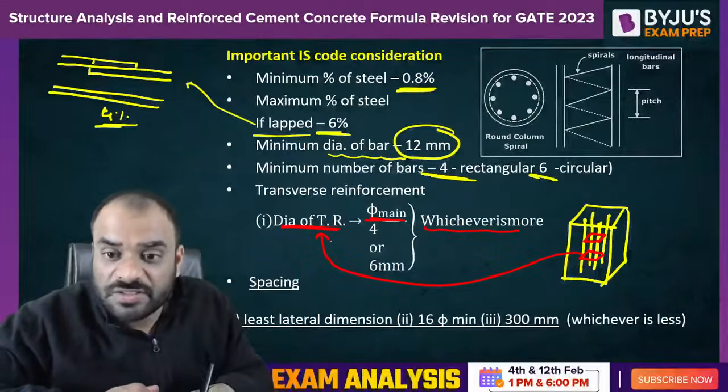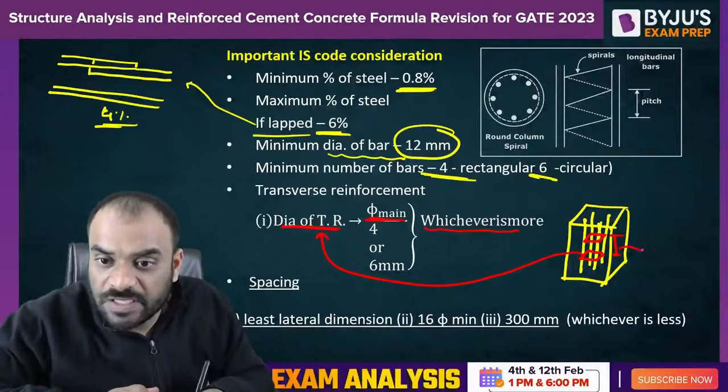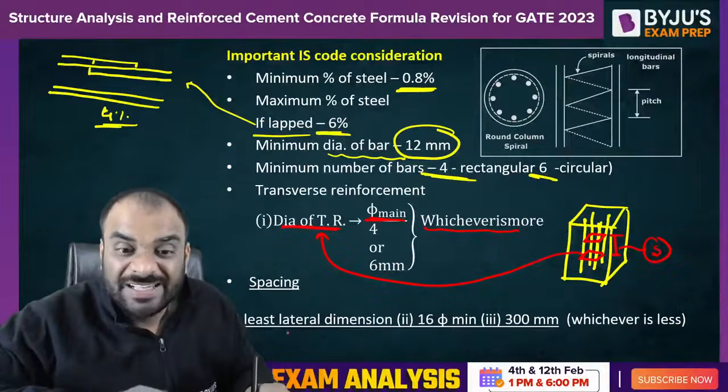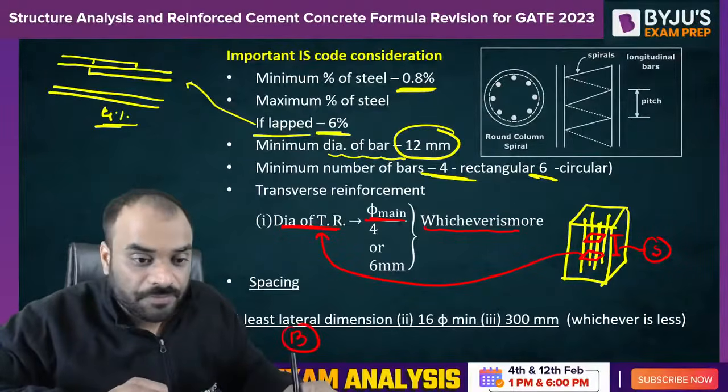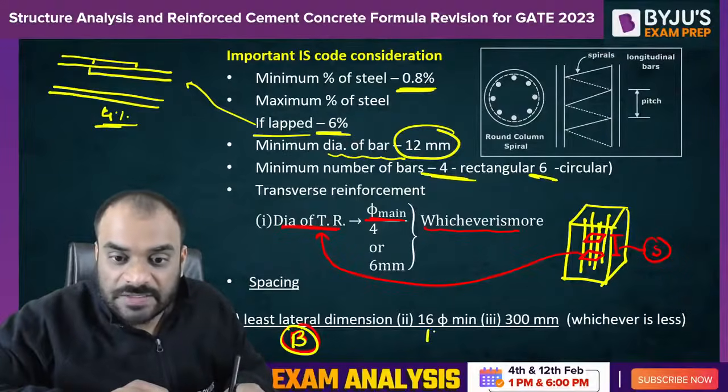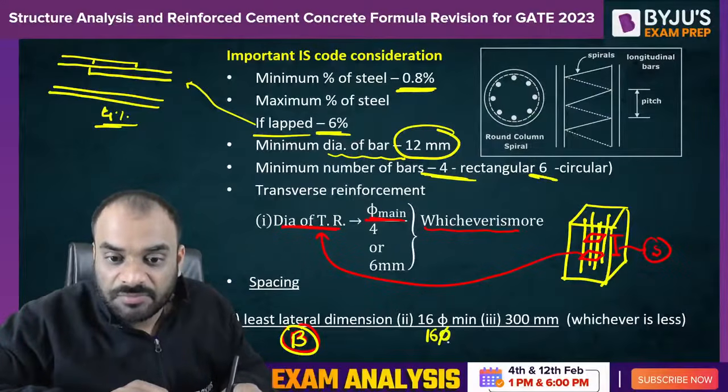Now the spacing of this transverse reinforcement, what should be the spacing between the transverse reinforcement? The spacing is the least lateral dimension, which is basically B; second, 16 times dia of main, but dia main minimum.